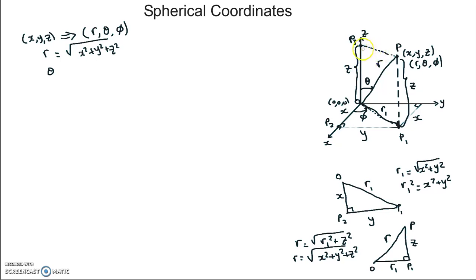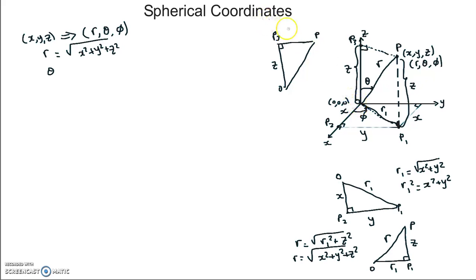The projection makes a right angle triangle, so let's draw this outside. This is P, this is P3, and this is the origin. O to P3 is the z-coordinate.